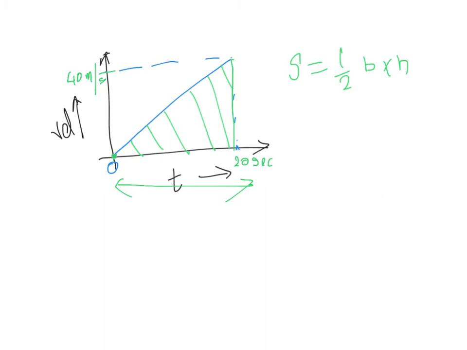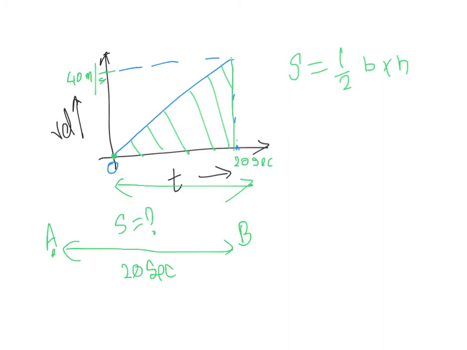That means the body was starting at rest, how far has that body gone? If it starts at point A, after 20 seconds, how far has it gone? I have to find the displacement.